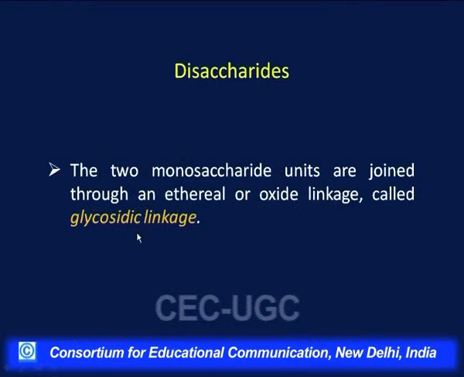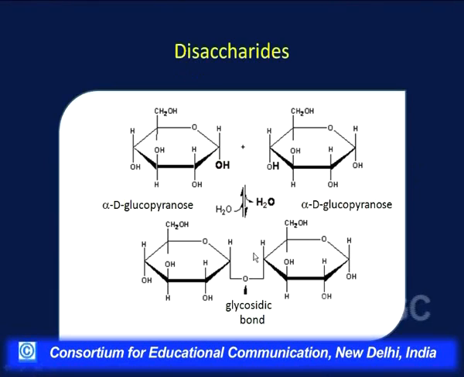Actually, these monosaccharides are linked by glycosidic linkage. We have discussed earlier that glycosidic linkage is formed when some alcohol or phenol combines with the anomeric hydroxyl. So, in disaccharides 2 monosaccharide units are always linked by glycosidic linkages.